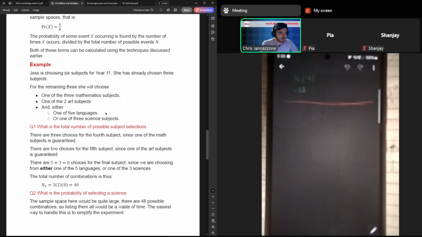So if we look at the total number of possible selections, there's 2 choices for the 5th subject, since you've got your 2 arts. You've got 3 choices for your 4th subject, since there's 3 mathematics. And then when you choose your final subject, you've got 5 here and 3 here, right?